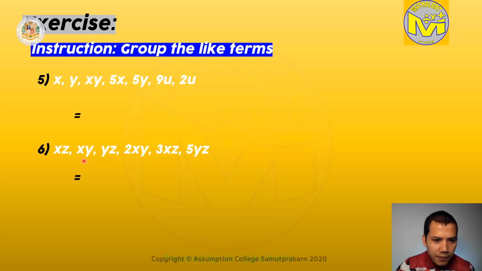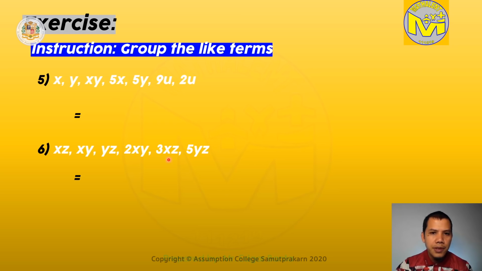Wait, I was confused. Okay, first group is the group of XY, isn't it? XY first, we have XY and 2XY. Next group is the group of XZ. Okay, XZ, we have XZ and 3XZ.